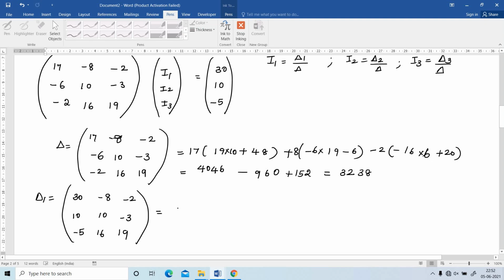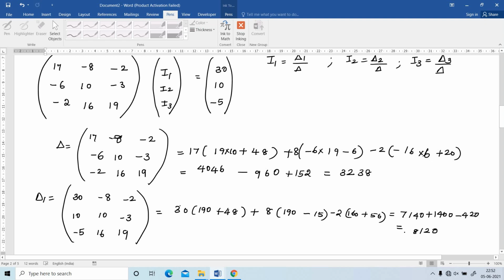That is equal to 30 into 190 plus 48 plus 8 into 190 minus 15 minus 2 into 160 plus 50. That is equal to 7140 plus 1400 minus 420, that is equal to 8120. This is the value for delta 1.